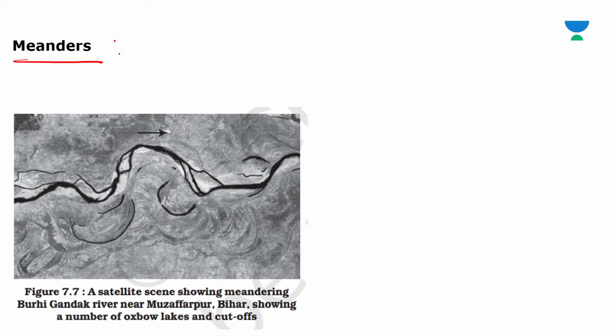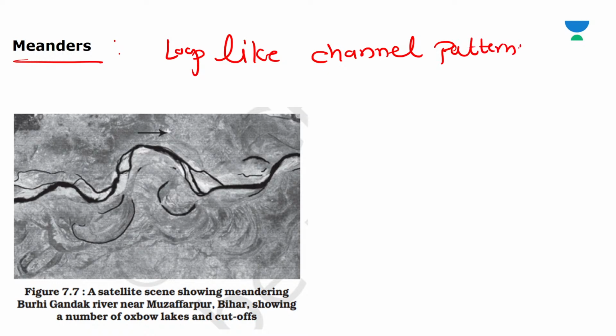See, due to the obstacles or the formation of the surface, there are loop-like channel patterns, which are called the Meanders.